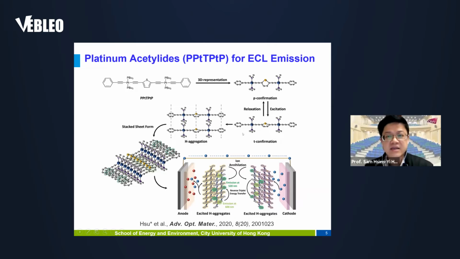If you look at this structure, even though the T conformation shows a little bit higher energy compared to the P conformation, the P conformation shows a planar structure in these two aromatic rings.